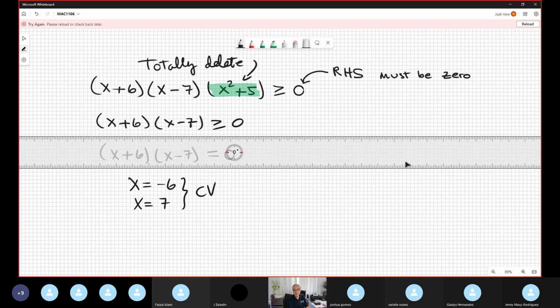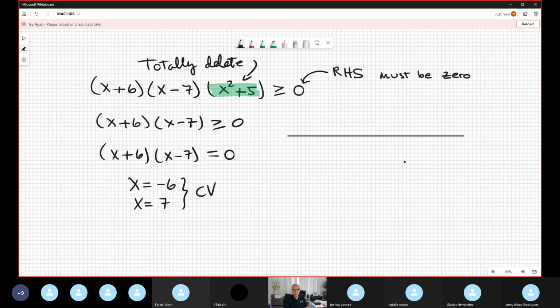Using the critical values, I make partitions of the whole real number line. This is 0, 1, 2, 3, 4, 5, 6, 7. And minus 6. So we have a partition at minus 6. Let me use another color.